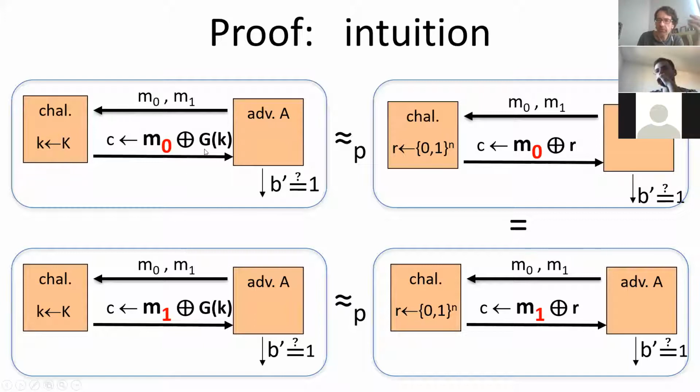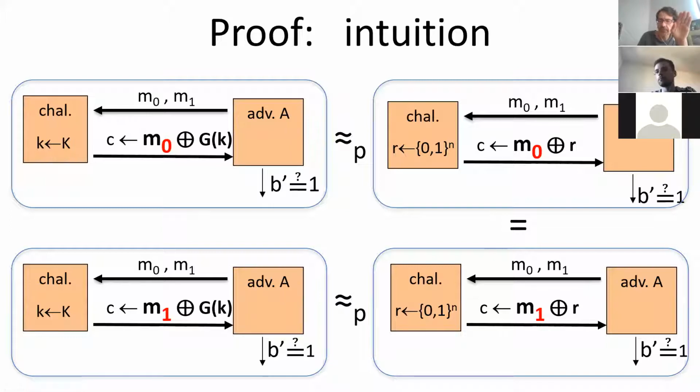It's a modified distribution of encryptions of M0 by basically changing the encryption scheme, in this case replacing the stream cipher with a one-time pad. And let's call it G1 prime. So I have 4 distributions: G0, G0 prime, G1 prime, G1. The first 2 are indistinguishable, then the second and the third are indistinguishable, and the third and fourth are.